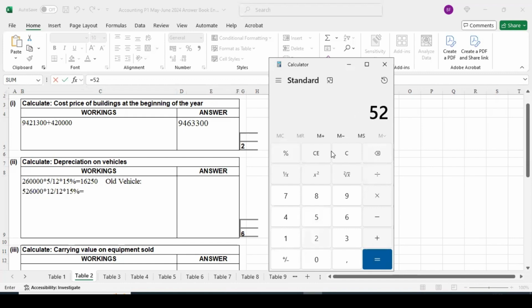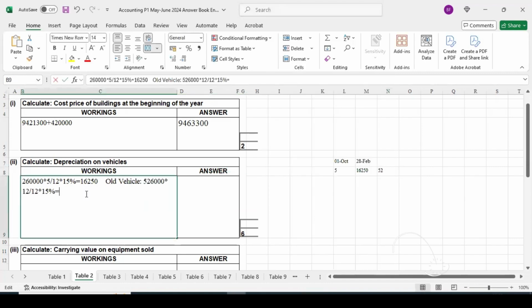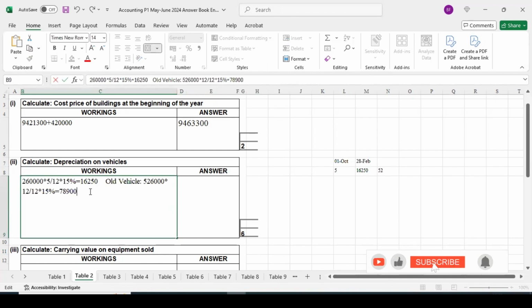Let's calculate that again. It's going to be 526,000 rand times 12 over 12, which is 1, times 15%. So it's 78,900. 78,900 for the depreciation.